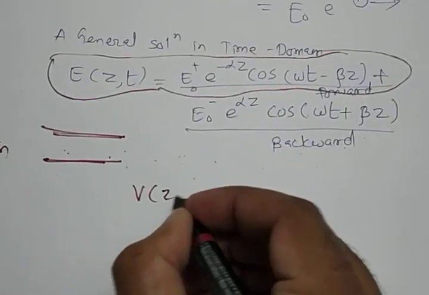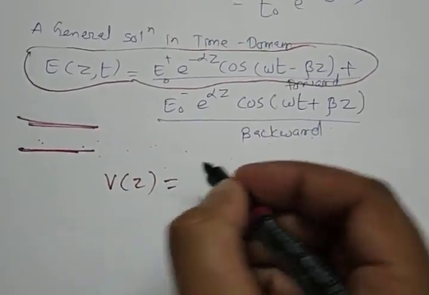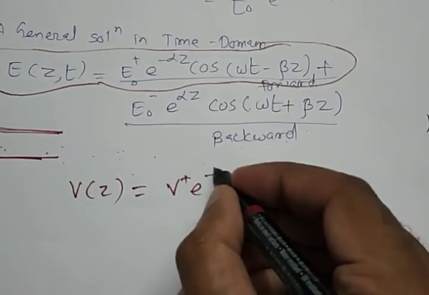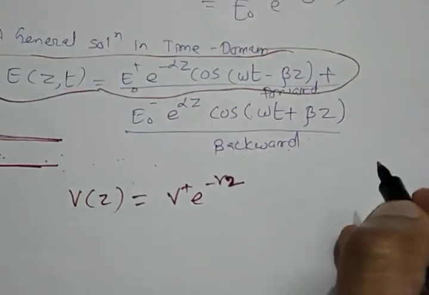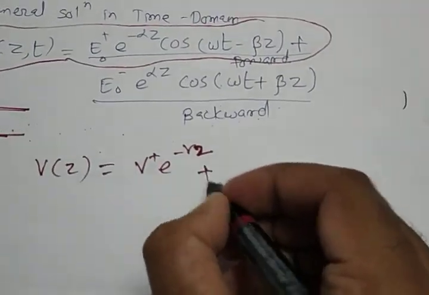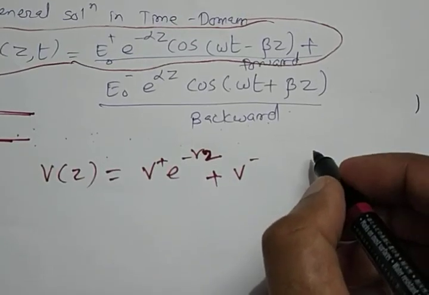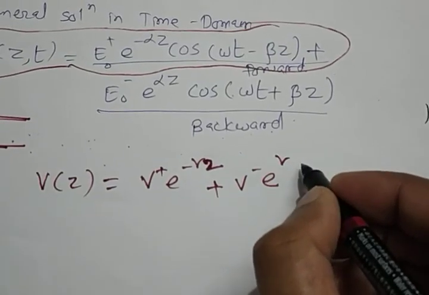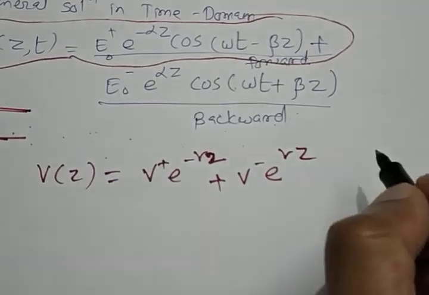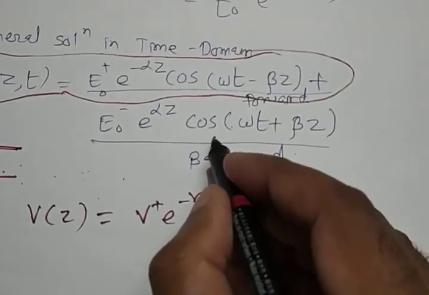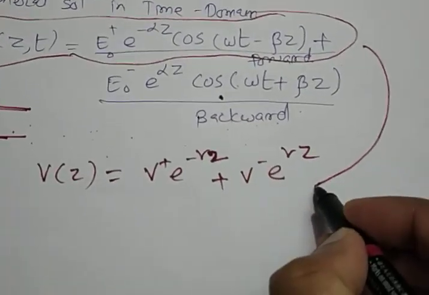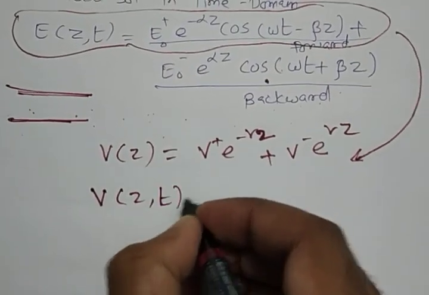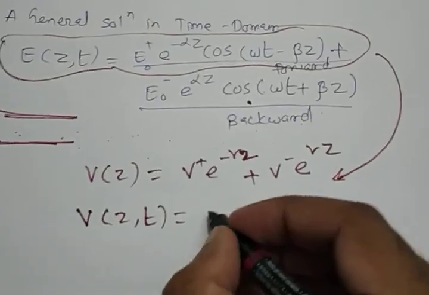Say voltage for z direction, it will be equal to the forward voltage e to the power minus gamma z, it is going in the z direction, plus the backward voltage, that is e to the power gamma z, and its solution in the same form we can write for the forward wave.